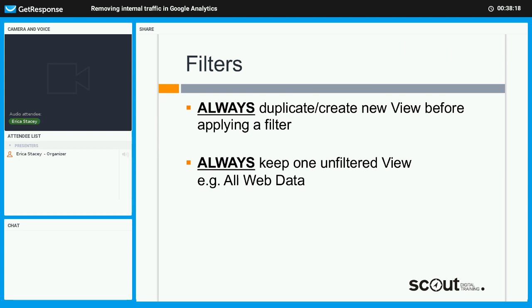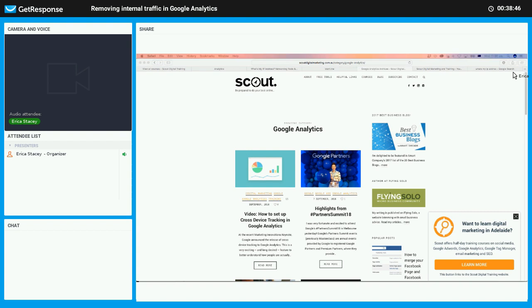Also, a couple of things I just wanted to show you before I go, and feel free to pop any questions in the chat box if you want to clarify anything or have any questions about how you could be using this in your organisation. But if you are interested in any more Google Analytics information, obviously we're doing more of these types of webinars, but I do have a heap of blog posts on the website as well.